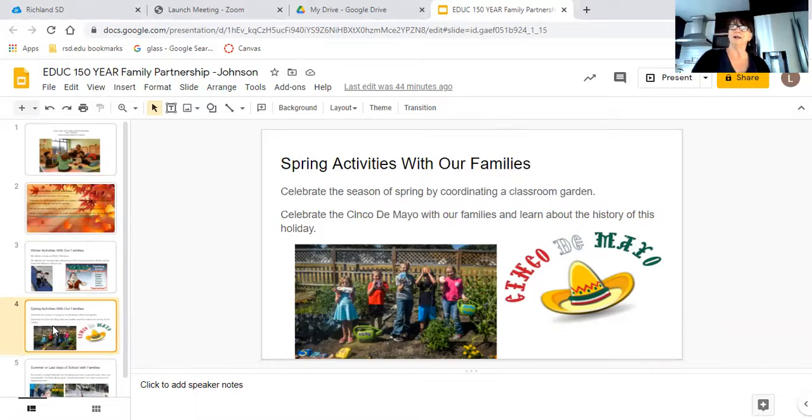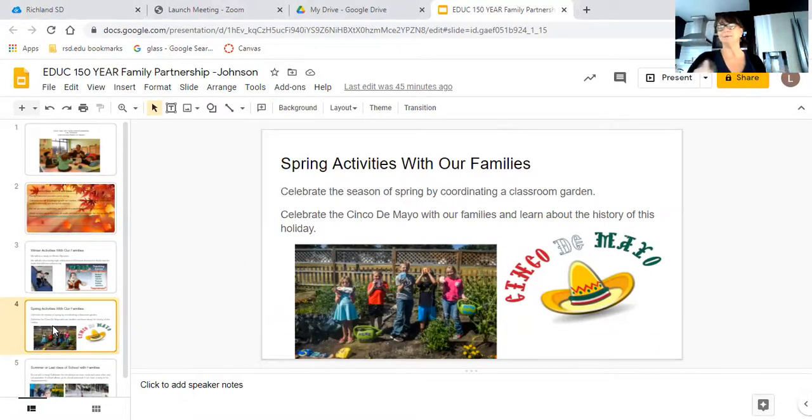Another one I liked was in May, Cinco de Mayo, to learn about the history of this holiday. You know, it started out in Mexico with the Spanish War, and it has really morphed into a universal holiday. I always, with my daycare, we would make tortillas with my tortilla press, and we would have a great feast, and it was always so much fun.